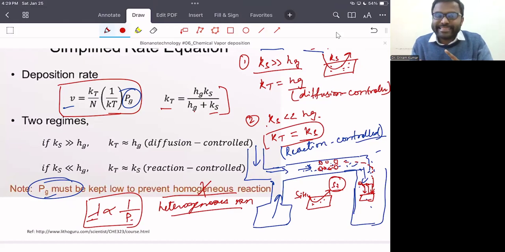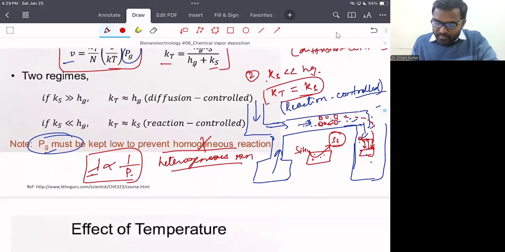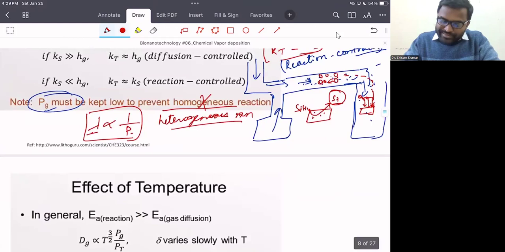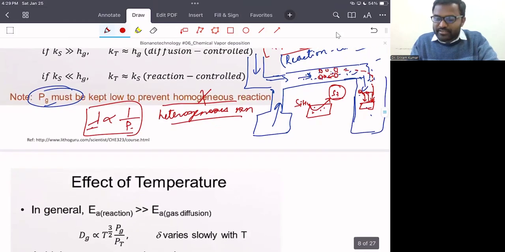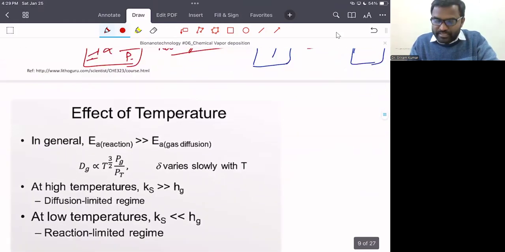So we understand till now we have two kinds of conditions: diffusion control process and reaction control process, and the effect of the partial pressure on the reactions. So we need to keep the partial pressure very low so that we increase the heterogeneous reactions, not the homogeneous reactions.